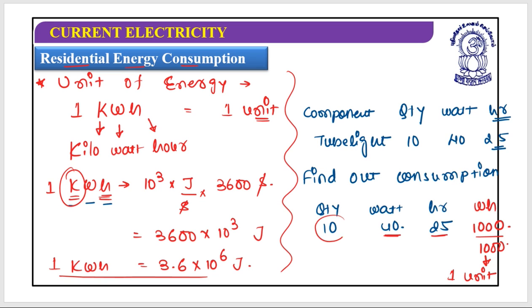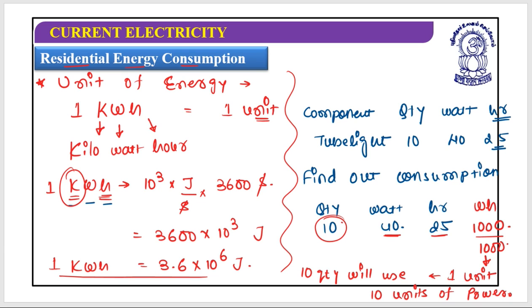If I multiply with quantity 10, then 10 quantity will use 10 units of power, and each unit consumes certain rupees, which will be given to you in the data, and you can easily calculate the consumption. I hope these things are clear. Is it clear?